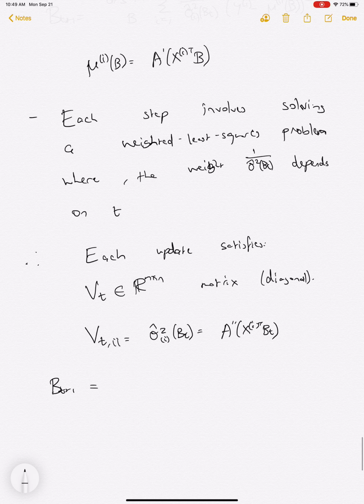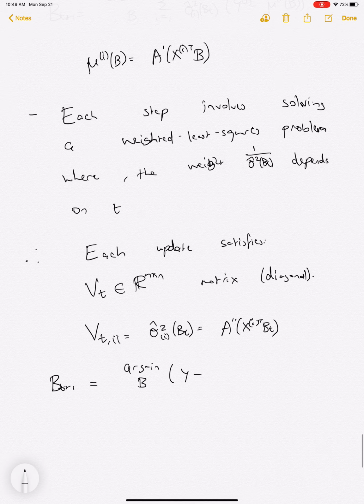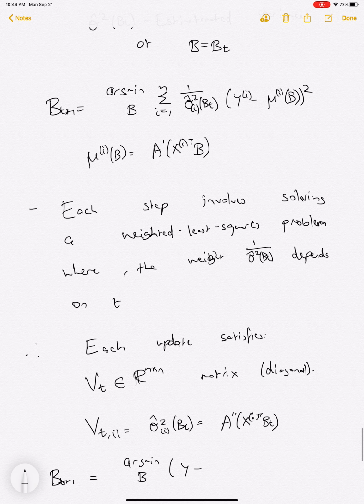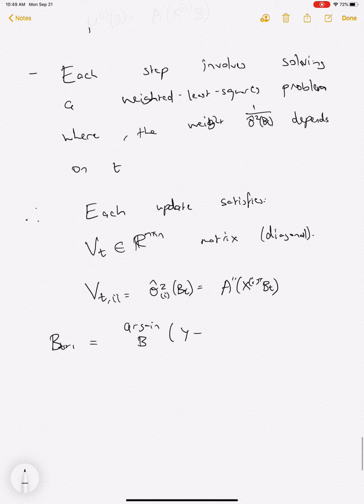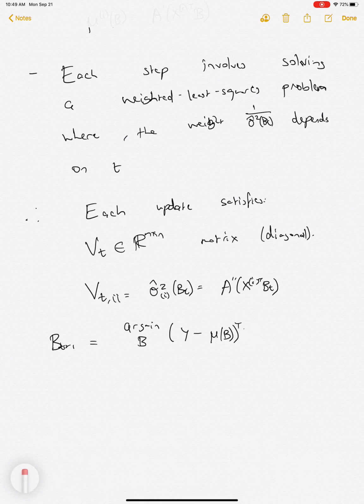Okay, so what we have then is that b_(t+1) equals the argmin over b, and you can write this again in vector matrix notation as Y minus mu of b, transpose V_t inverse, times Y minus mu of b.